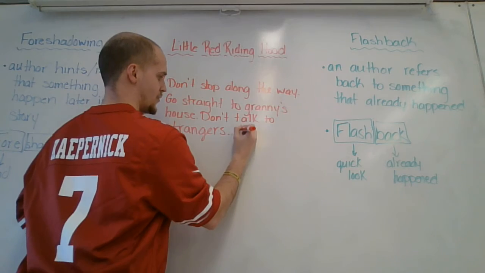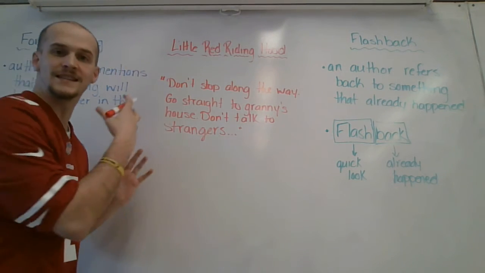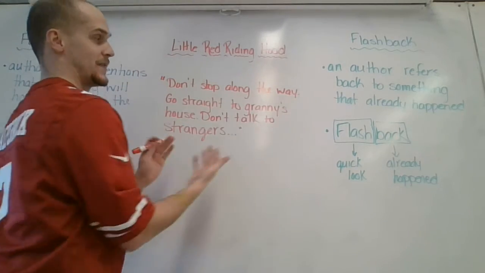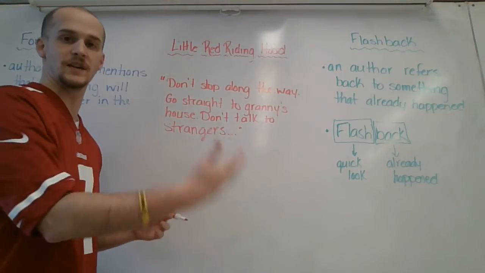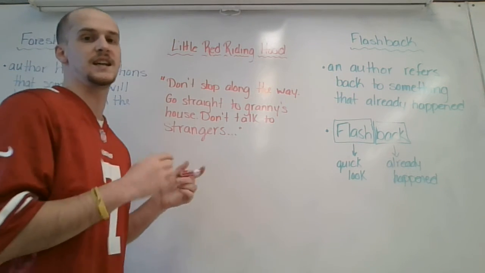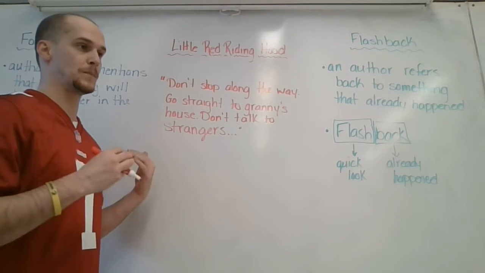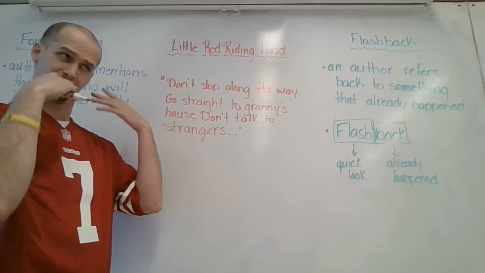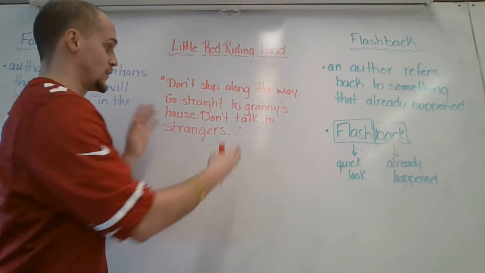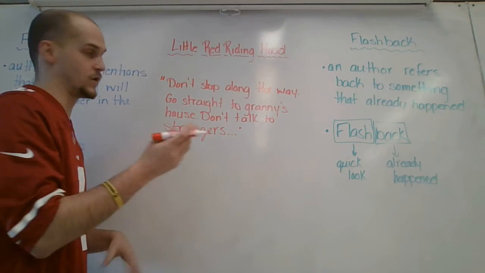All right, and then the story continues on. So at the time that you're reading Little Red Riding Hood, you don't know that this is a clue that something's going to happen. But as you continue to read and you see that she comes in contact with the wolf, who is a stranger to her at the time, it foreshadows that something is about to happen between this stranger that she was not supposed to talk to and Little Red Riding Hood.